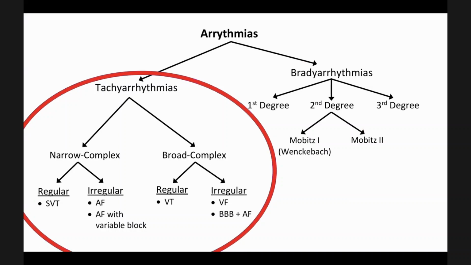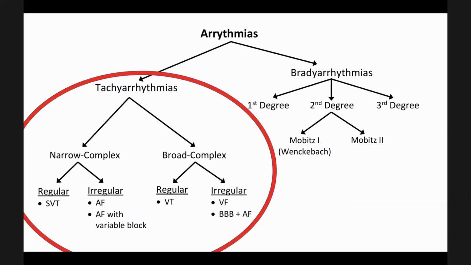The narrow complex tachycardia is divided again into regular narrow complex and so on. What do you mean by narrow complex? Narrow complex refers to the QRS width. I told you the QRS width is usually less than 2.5 small squares, or less than 0.12.